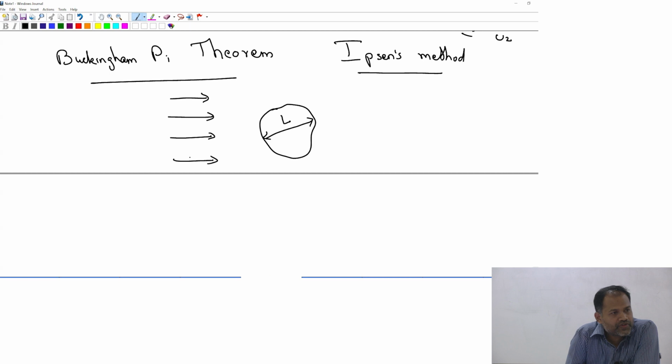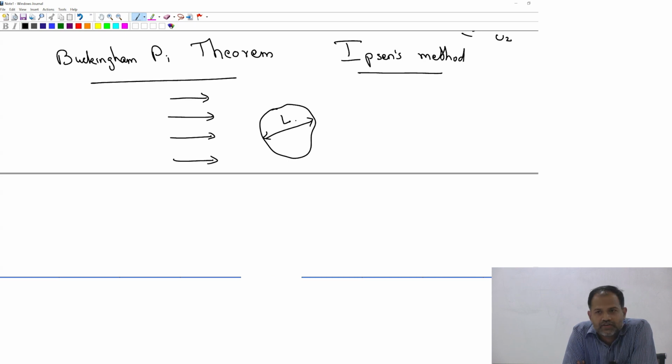One of the questions we posed was, what is the force that this object would exert on the fluid? We are keeping the object stationary, so the fluid is going to slow down. That means the object is exerting some force on the fluid flow, and you want to know what that force is.